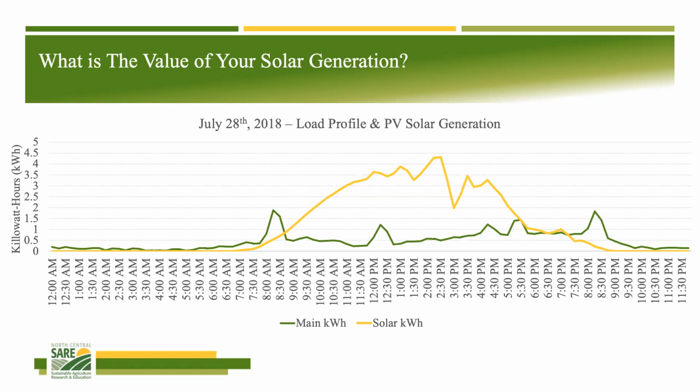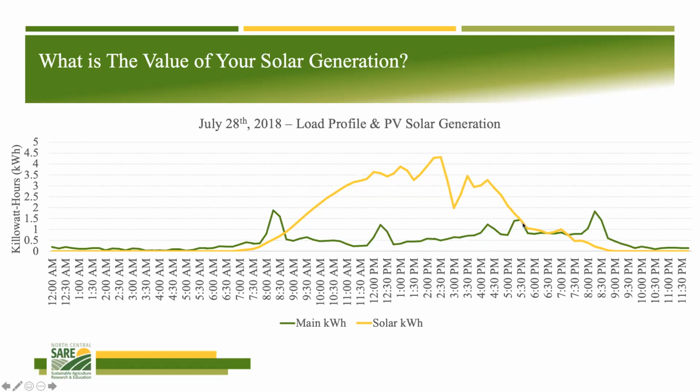But those are relatively rare. Most of the demand rates that we see on farms in Ohio, they're calculating your demand on a 15-minute rolling window. And so they're looking at what is your peak usage in any 15-minute window during the billing period. And so if you think about how solar is going to impact that, you can see there's still some activity even in July, which is a good day for generation.